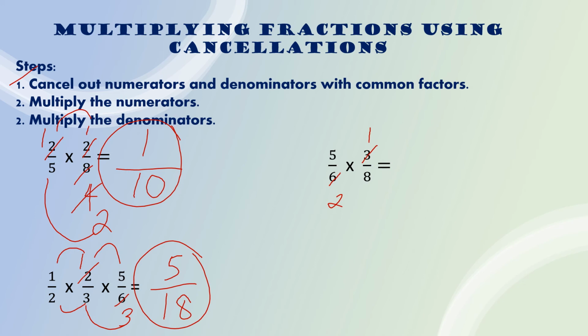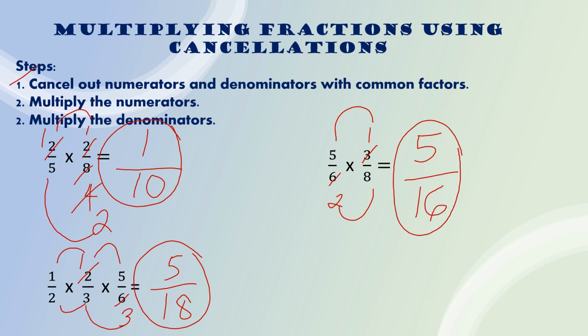No more. So let's multiply the numerators. 5 times 1 is 5. Then 2 times 8 is 16. So our answer is 5/16. Easy, right?